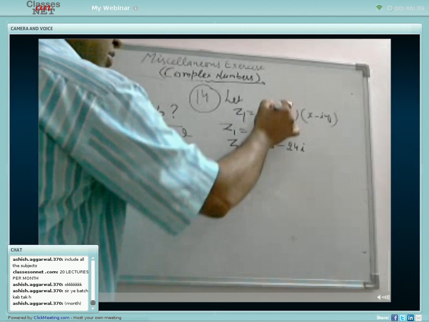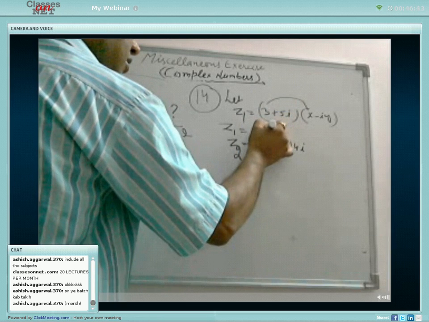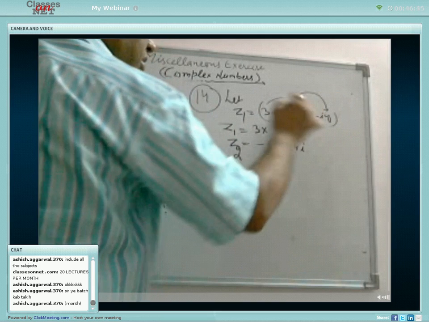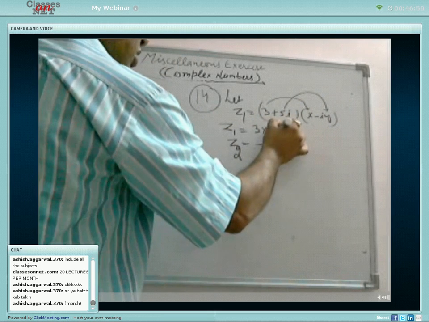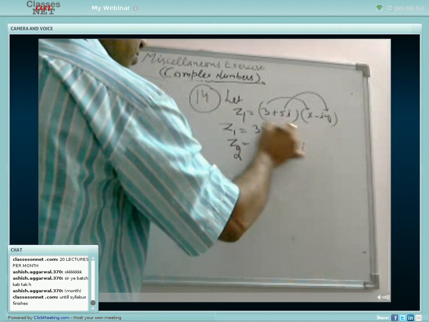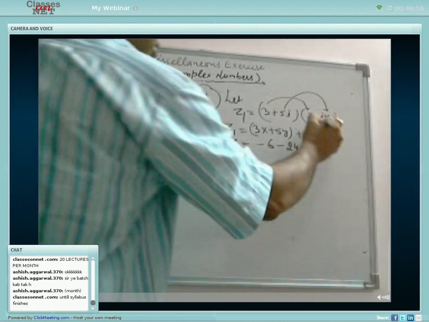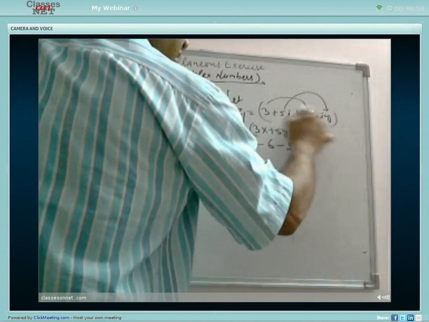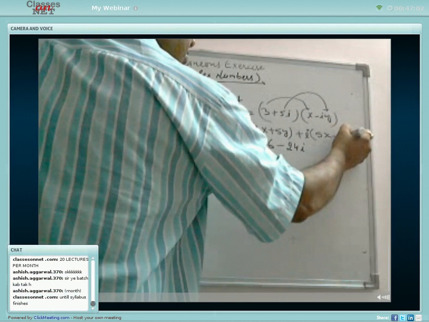Z1 is equal to 3x, minus 5y iota square, iota square is minus 1, that gives me 5y only, plus iota into 5x minus 3y.